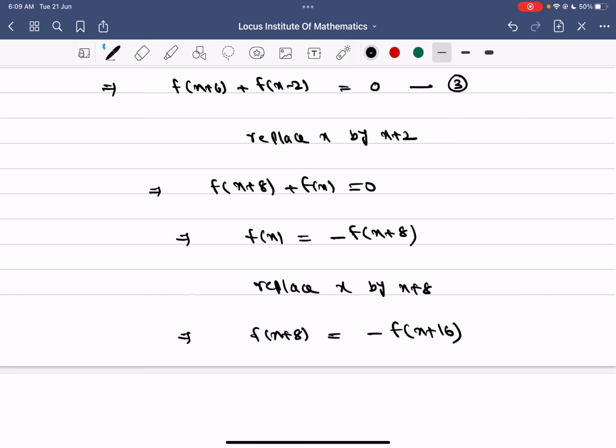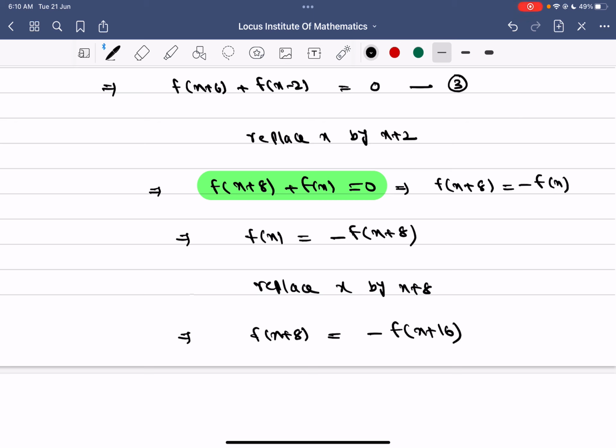Now from the other relation, f of x plus 8 is equal to minus f of x.